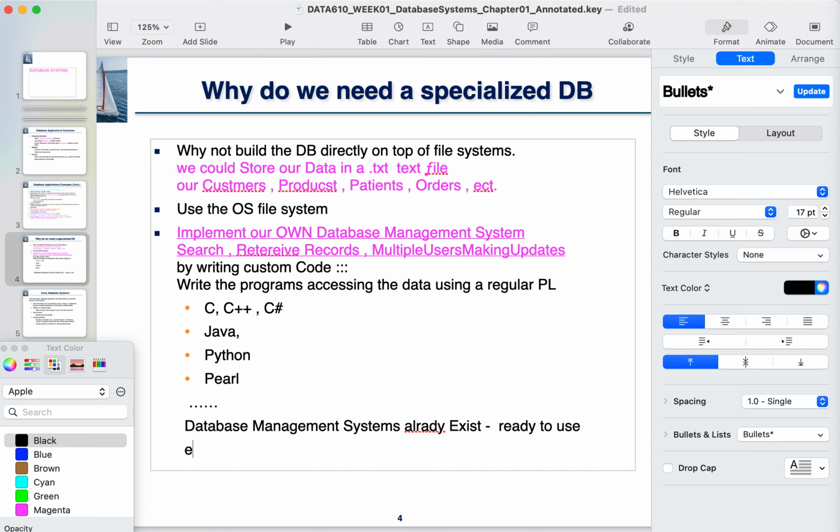Such as, can anybody give an example of a database management system? Oracle DBMS. Oracle. PostgreSQL. IBM DB2.